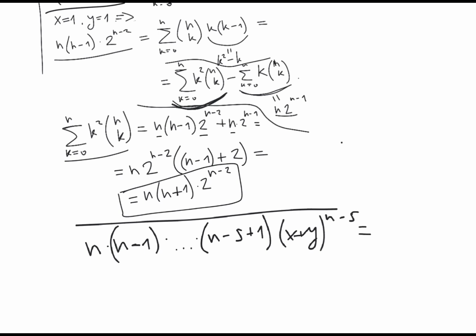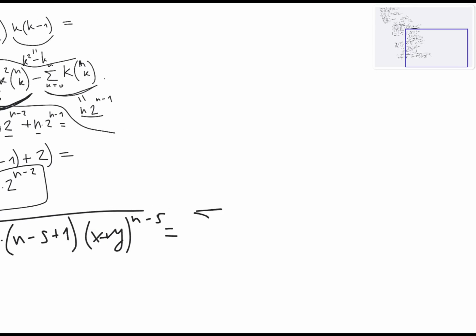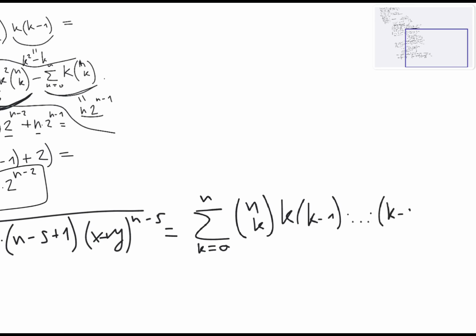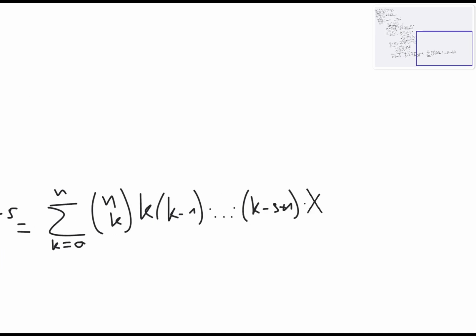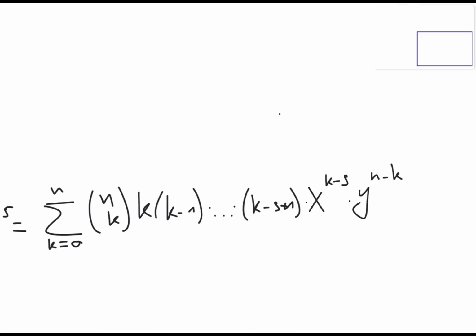On the right hand side we will get the sum for k from 0 to n of k times k minus 1, and so on, times k minus s plus 1, x to the power k minus s, y to the power n minus k. So that's what we get.